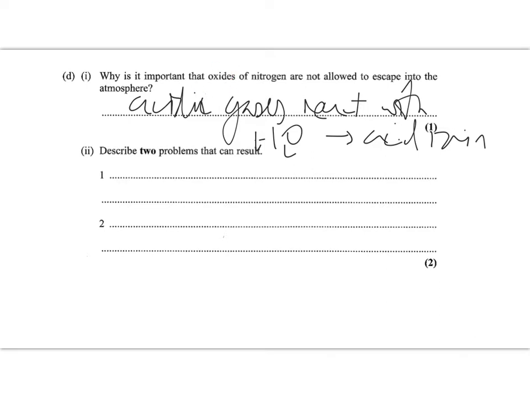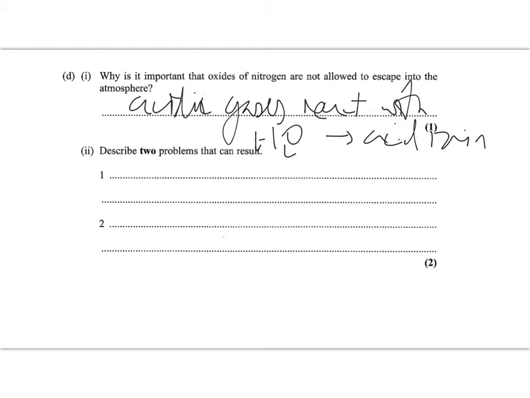So 2 problems that can occur with acid rain. Well, the first problem is that it could kill marine life in lakes and rivers and things like that by making the water in there too acidic. It could damage crops and plants by making the soil that the rain falls on too acidic.